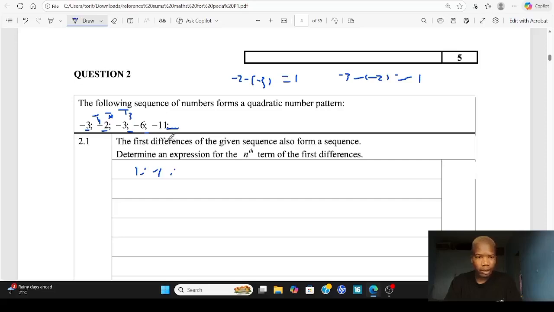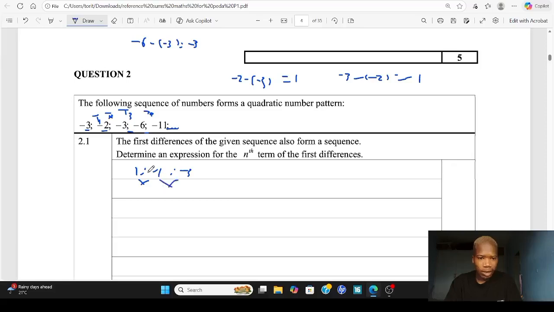Then we go again, t4 minus t3. So it is minus 6 minus minus 3, which is the same as minus 6 plus 3, giving us a value of minus 3. So now we have to find the difference.